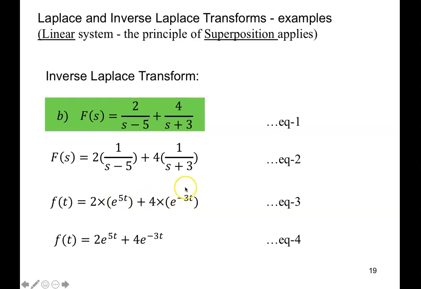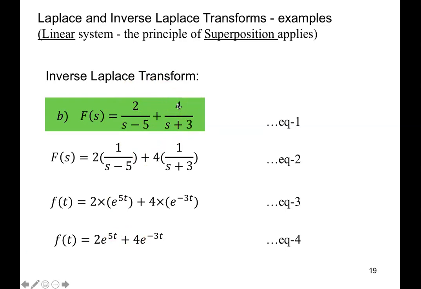This is 1 over s plus 3, where the top is 1, so that's e to the power of minus 3t. Therefore, I get equation number 4. That's the inverse Laplace transform of this F(s).